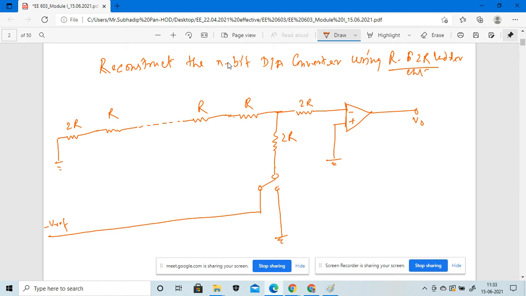This portion will be b to the power n minus 1, which is called my most significant bit. Again here, this will be my 2R, and this will be my b to the power n minus 2. Again here also this will be 2R, and this will be my b to the power n minus 3.